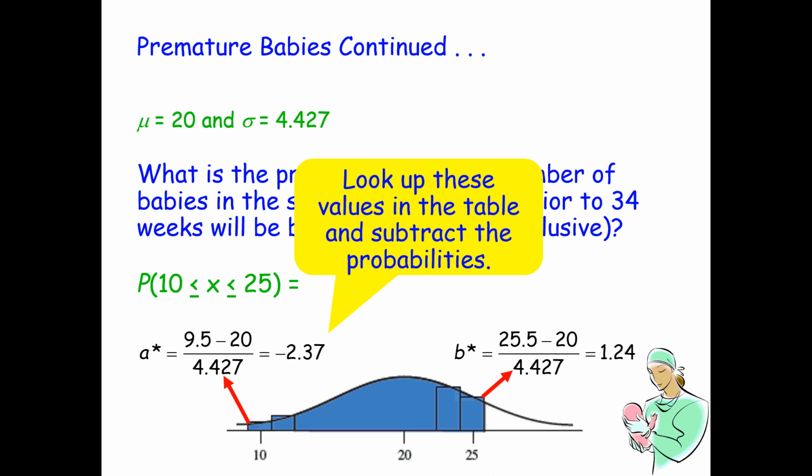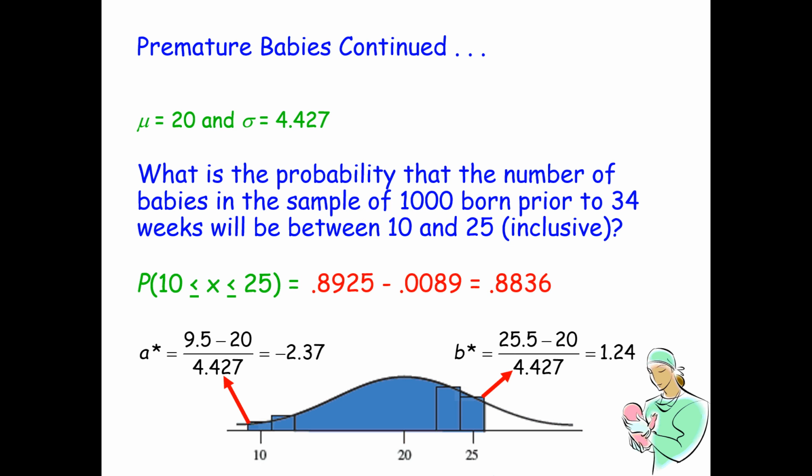So we take our b star minus our a star values. That gives us 0.8925 minus 0.0089, which equals 0.8836. So that probability would be about 88.36%. And that is how you use the normal distribution to approximate a discrete distribution.